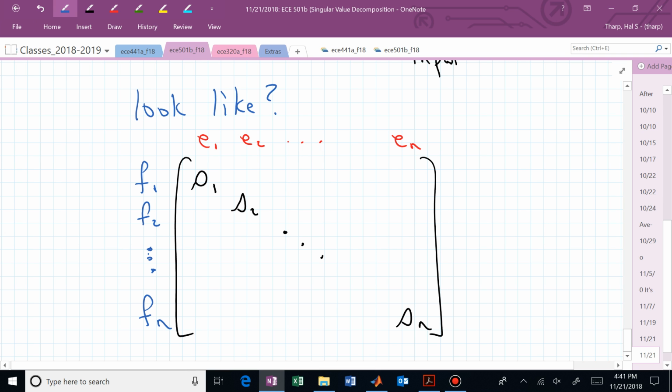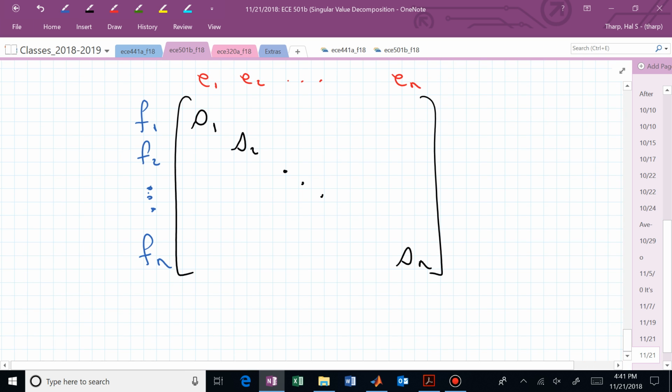Meaning we take a generic vector V, we decompose it in the directions of our input basis vectors, E1 through E sub n, by forming these inner products. We scale those with the singular values, and then we use those weightings to weight our output vectors F1 through F sub n.